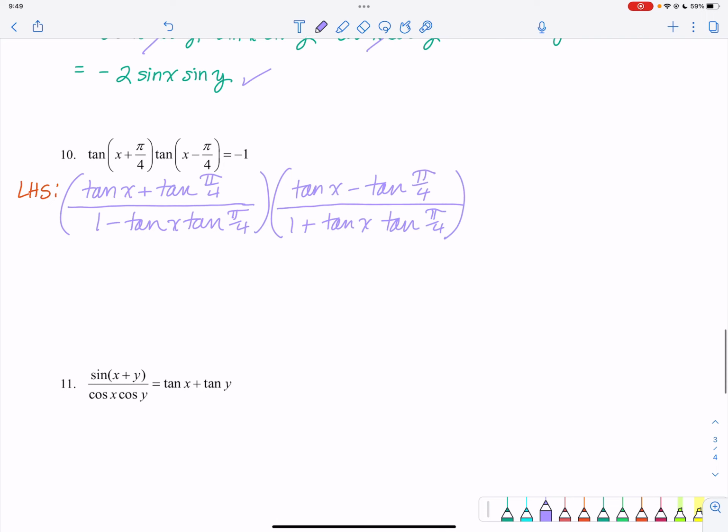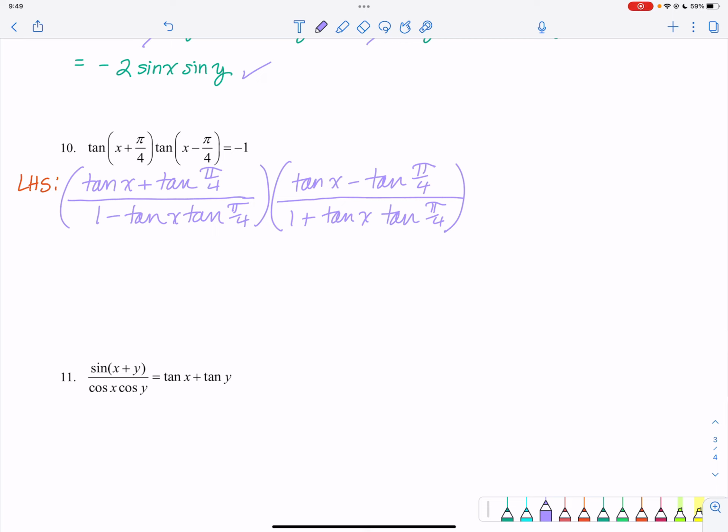Now what are we going to do with all of this? Well, the tangent of pi over 4 is just 1. So this works out nice that we have the tangent of x plus 1 divided by 1 minus the tangent of x.